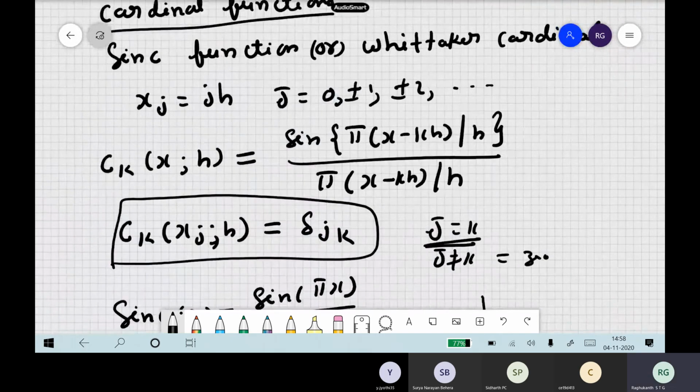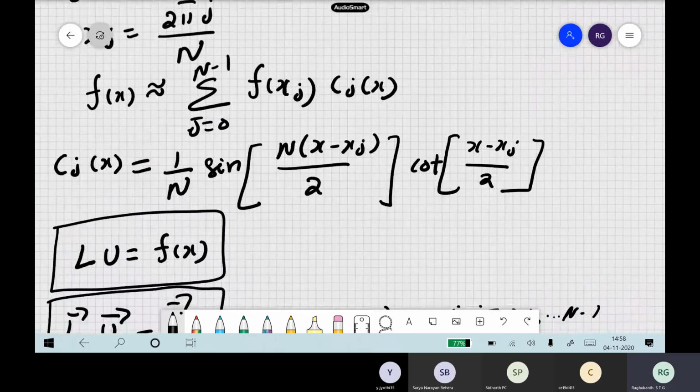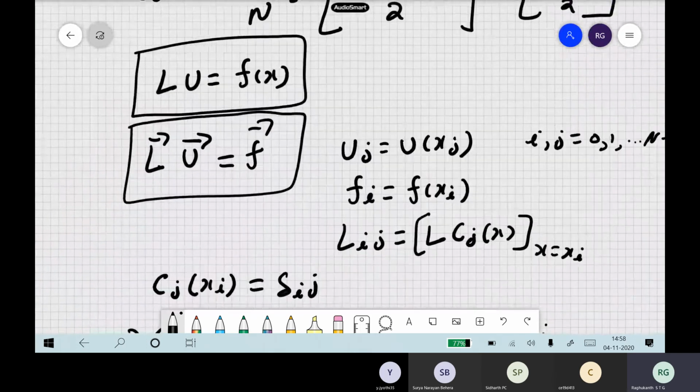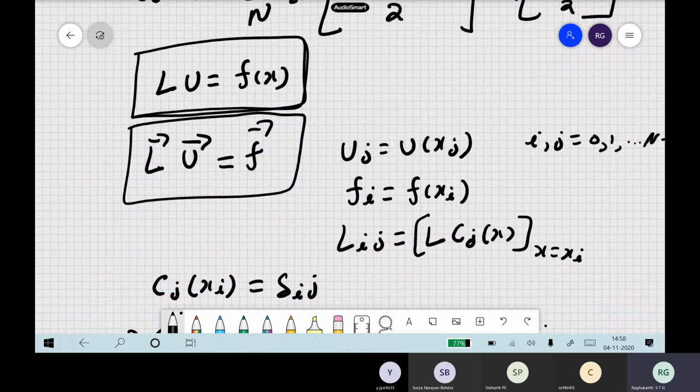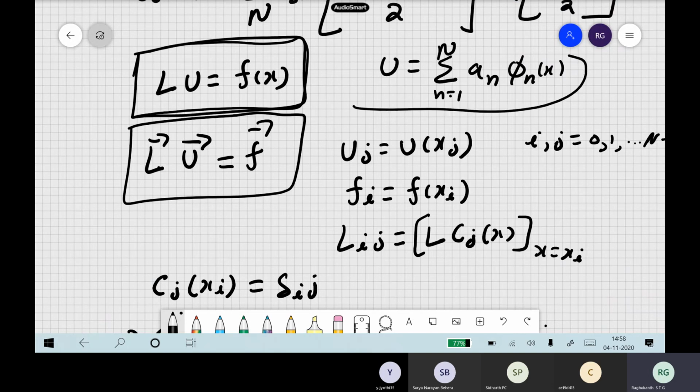If I have any differential equation, say Lu equals the same equation, previously we were writing this as the sum of an phi n of x, like that. This is one way, and then you substitute in this equation and solve for the coefficients.